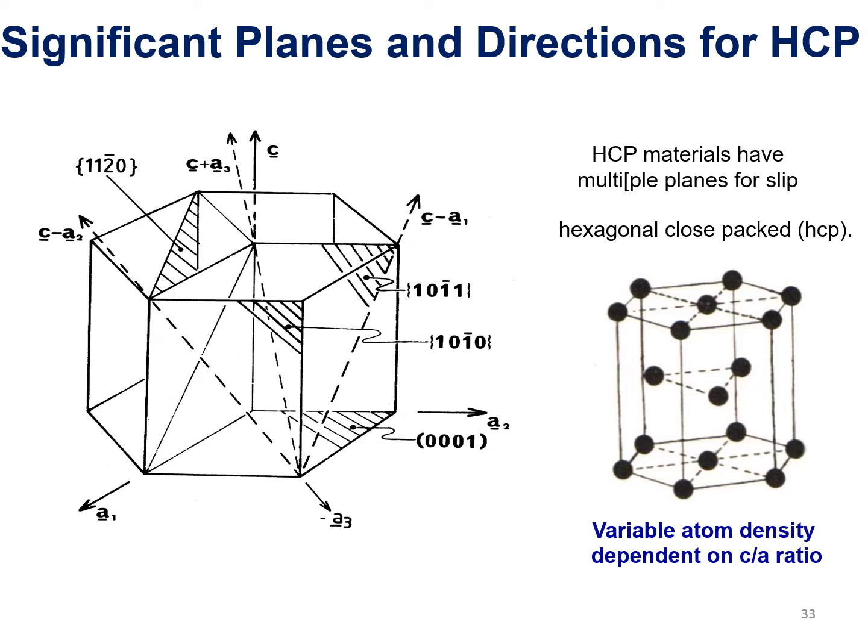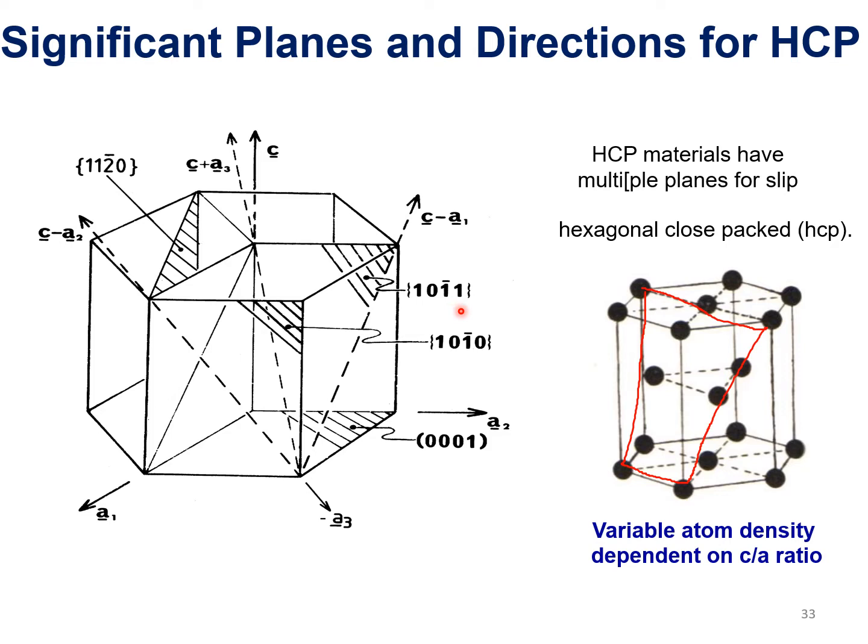1/1, and so in fact on the 1/1 plane, which is this one, if I can draw it with my pen, which is this one, the C+A slip going from here to here is much more feasible for this plane.